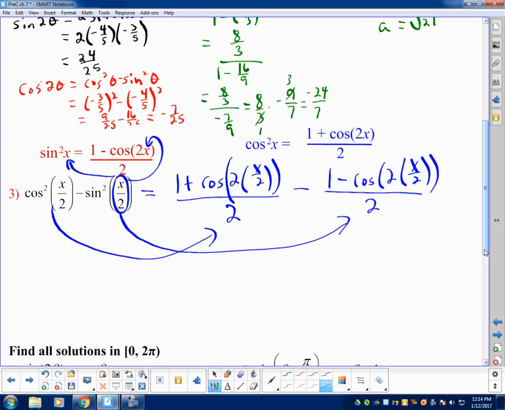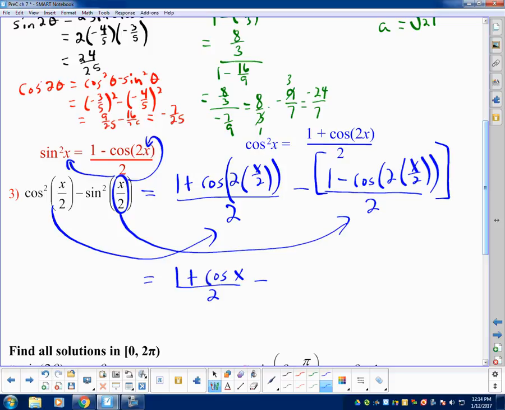So all I'm doing is plugging in the angle right here for x. So this is 1 plus cosine of x all over 2 minus, okay, think of it this way. If you put a bracket around that and I distribute, maybe think about the signs here.